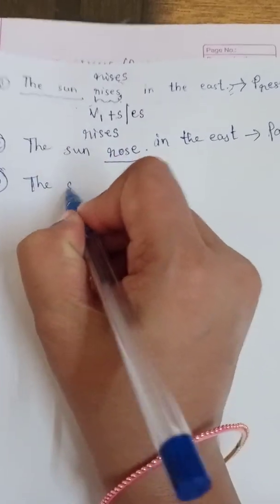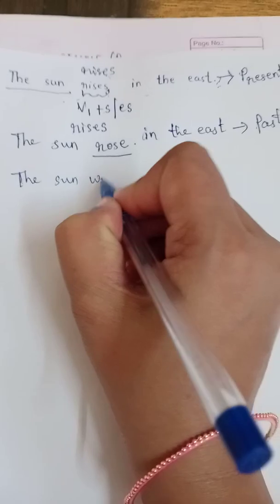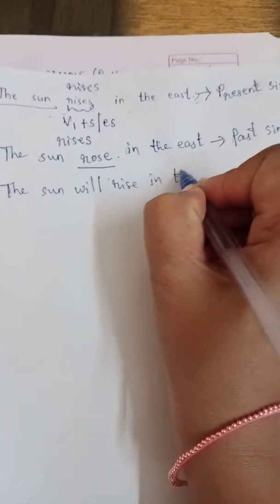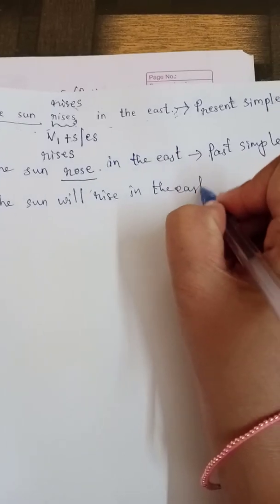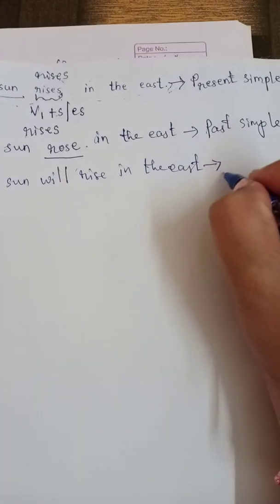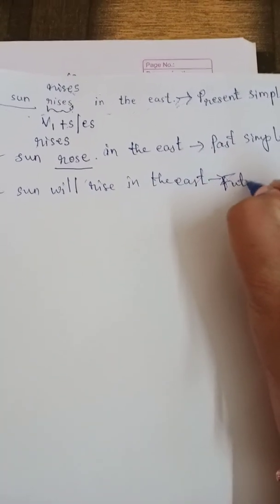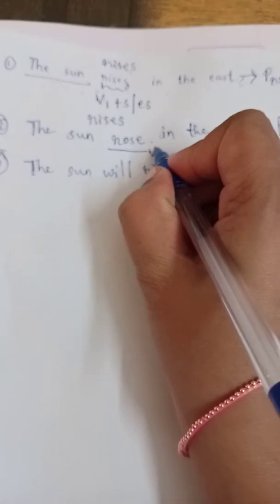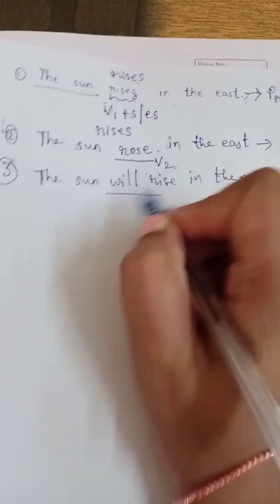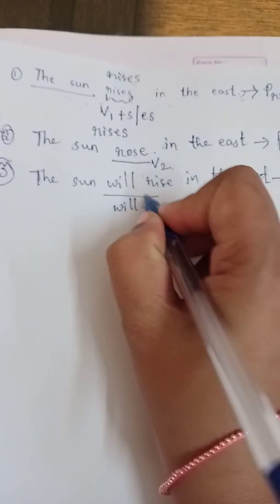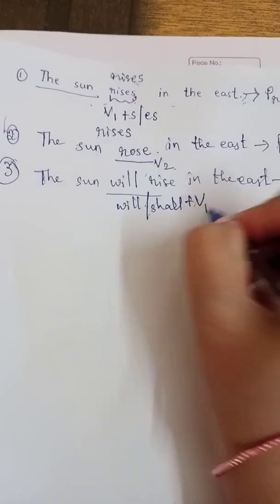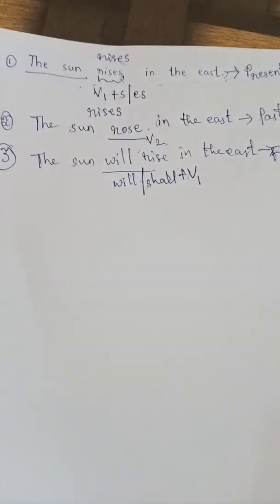The sun will rise in the east. So here it is future simple, where the verb form is will or shall plus V1.